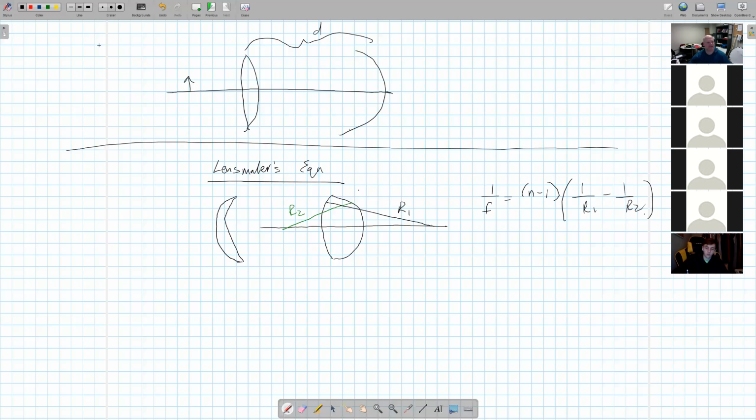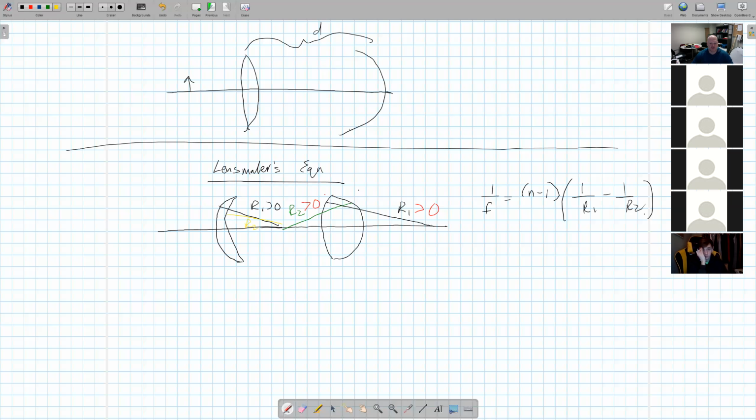Okay, so things to note here. If the radius R1 comes from the right-hand side like I have drawn here, this would be considered a positive radius. If radius R2 comes from the left-hand side like I have drawn here, this would also be considered a positive radius. So if I look at the scenario I have drawn on the left, R1 here would still be a positive radius, but R2 is coming from the same side as R1, since it's the lens portion on the right-hand side.